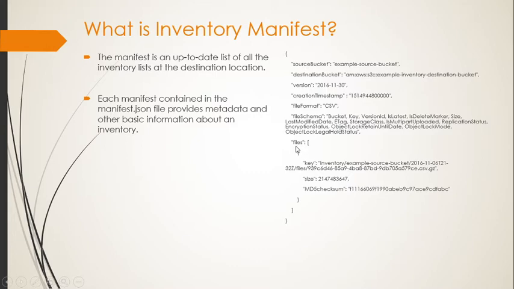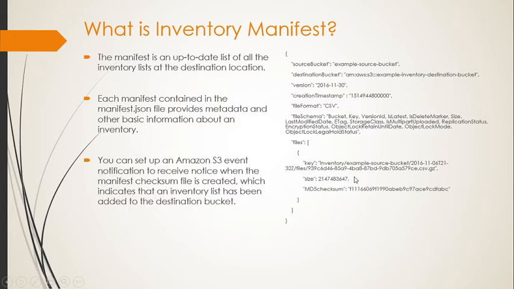In the files array you can see the key, which is the location of the inventory file, so you can find your inventory file from here. You can also see the size of that inventory file and the checksum. You will get this manifest file along with your inventory file list.